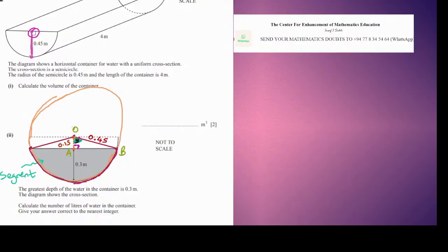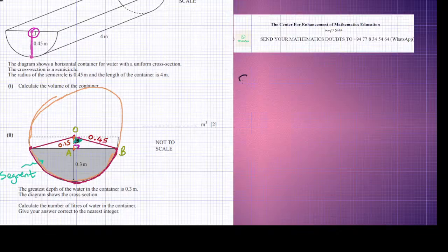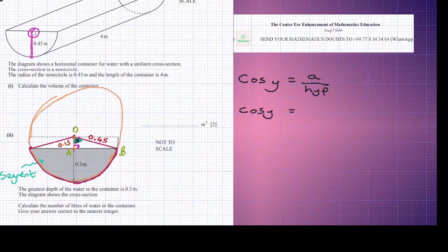How do we find what angle Y's magnitude is? What do I know? I know the length of the hypotenuse and I know the length of the adjacent side. So then I can use cos. So I can say cos y is equal to adjacent over hypotenuse. So what's the length of the adjacent side? That is 0.15.